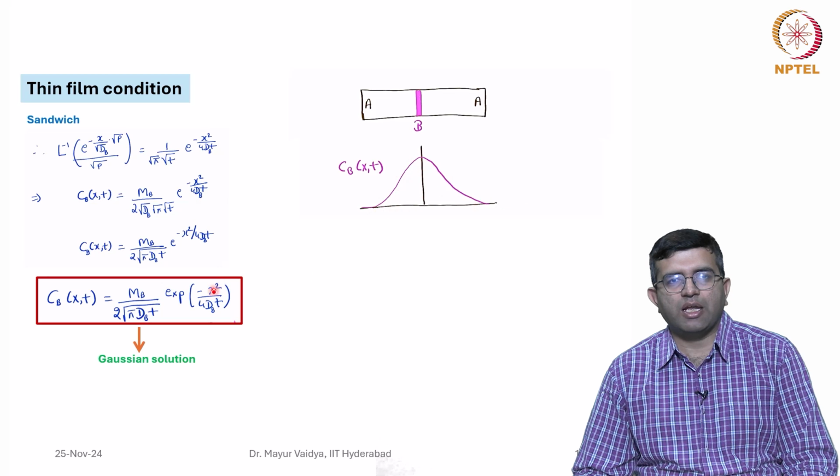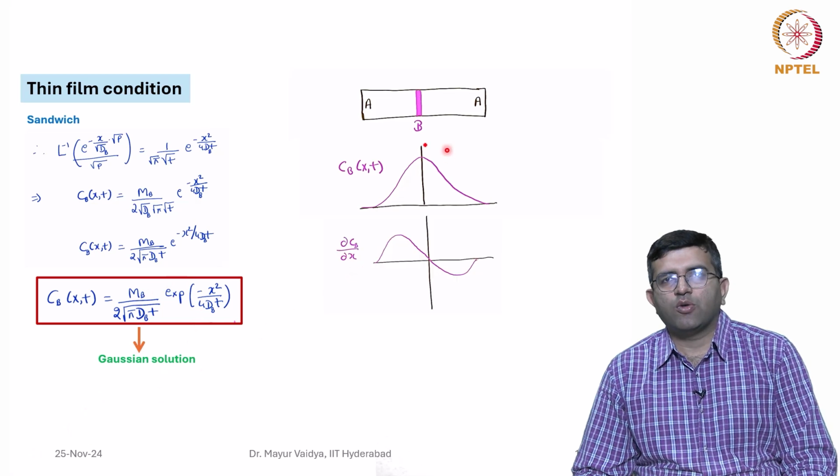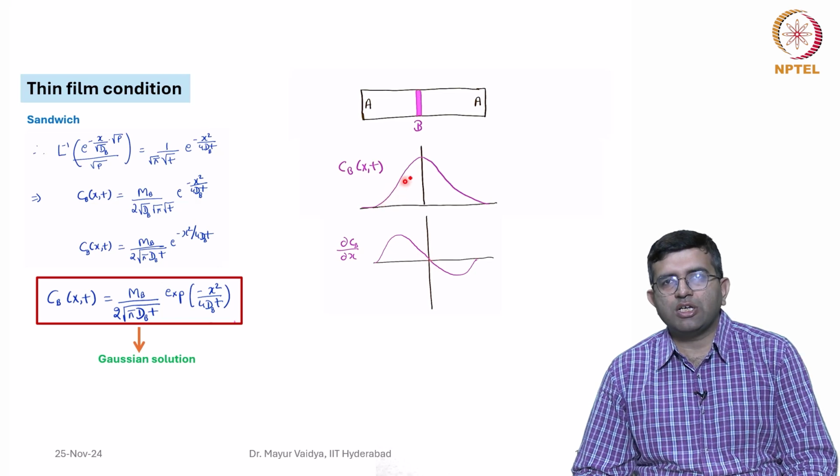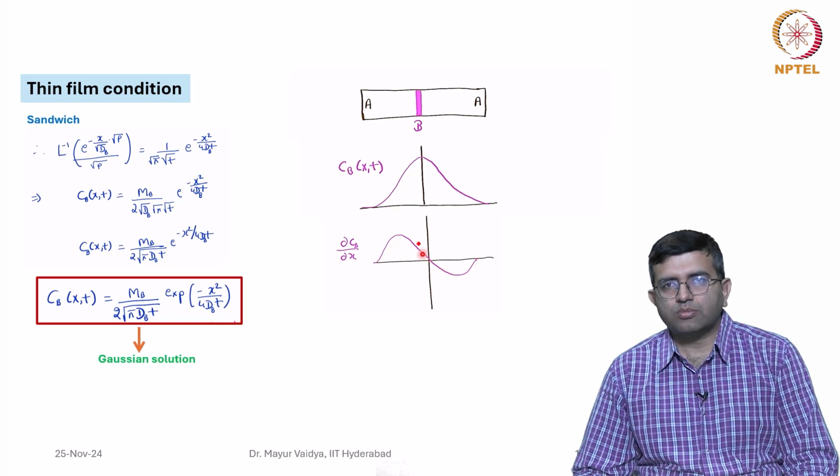It is maximum at x equal to 0, which you can see for yourself. If you take a slope of this, wherever it is maximum, the slope is 0 for dou C_B by dou x, and because there is a change in sign, the slope is maximum here and minimum here. So you will see this kind of a variation for dou C_B by dou x.